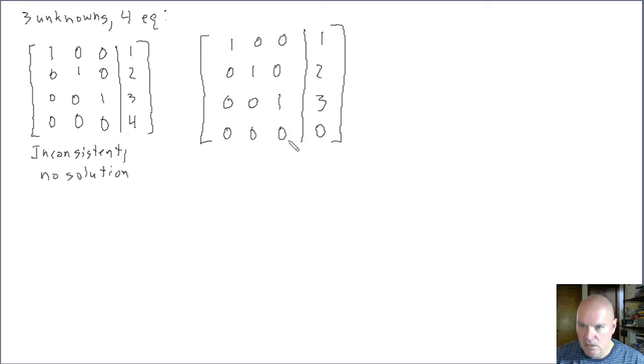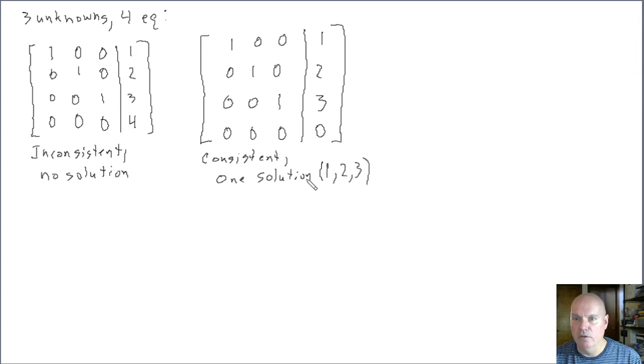This is consistent, with one solution. And actually, I can see the solution here. Remember, this row would correspond to 0x plus 0y plus 1z is equal to 3, and the first row would correspond to x equal to 1. So the solution here is 1, 2, 3. So there's a single unique solution for this corresponding problem.